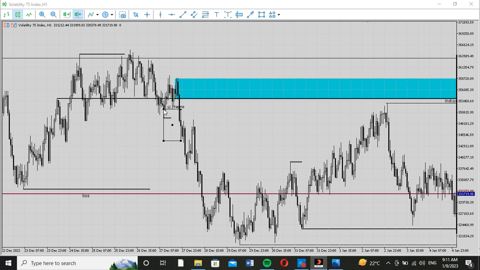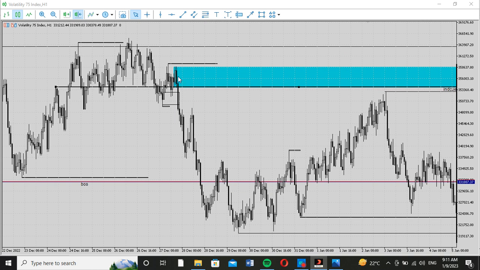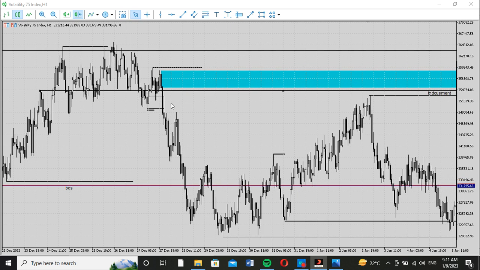So this demand to supply flip was from here. It tapped the demand, it bought, but didn't take out this high. And then we see it form a failed high, trade lower. We see an MPL, maximum pain level, from here. You can see that we have a clean area of supply right here. So that is my refinement from the 1-hour time frame.